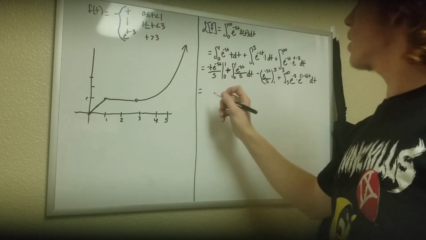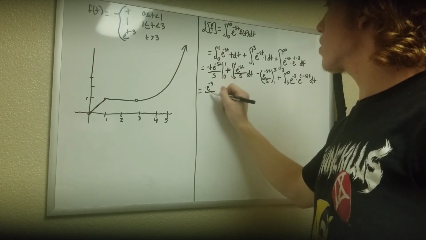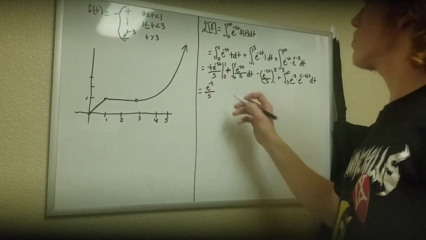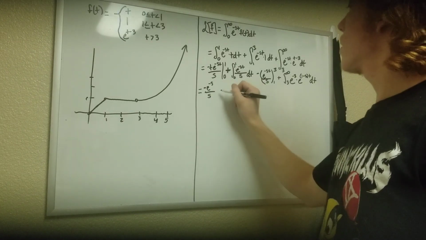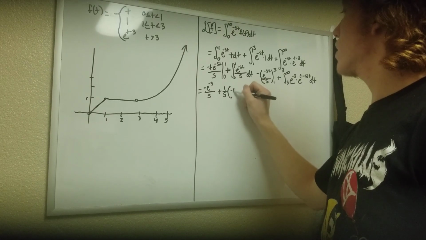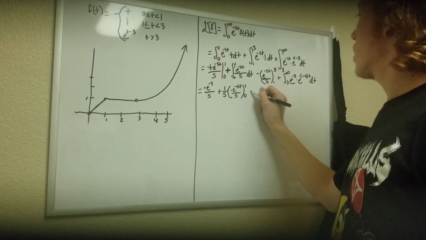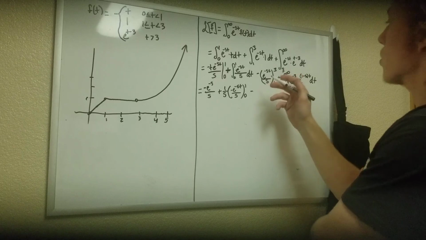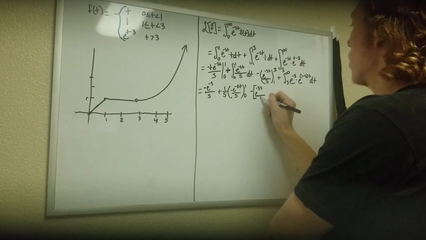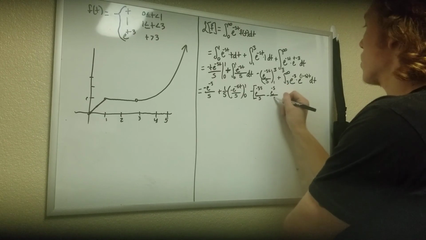So, continue this on. We end up with negative e to the negative s over s, and when we plug in the 0 with that t there, it just ends up being 0, so that value is not needed, plus 1 over s times negative e to the negative st over s, evaluated from 0 to 1, minus, if we plug a 3 in there, we end up with e to the negative 3s over s minus e to the negative s over s.